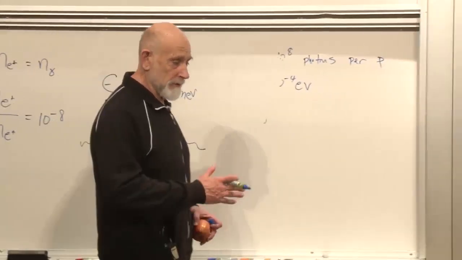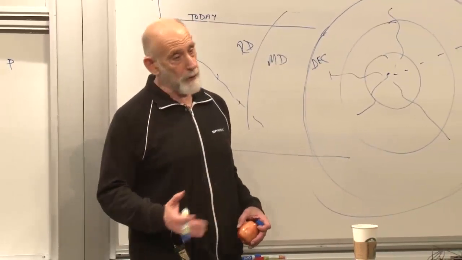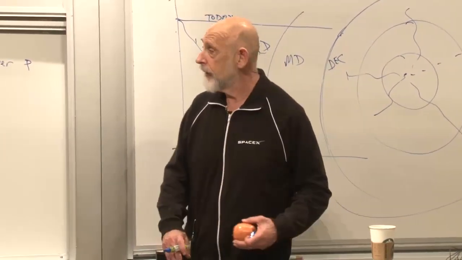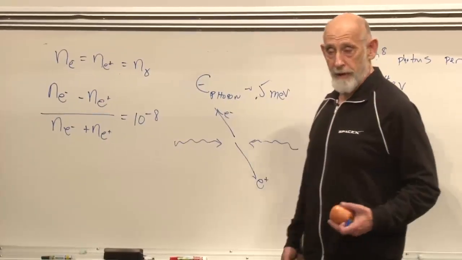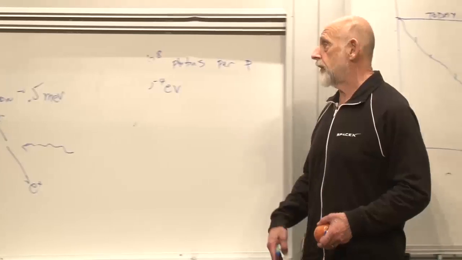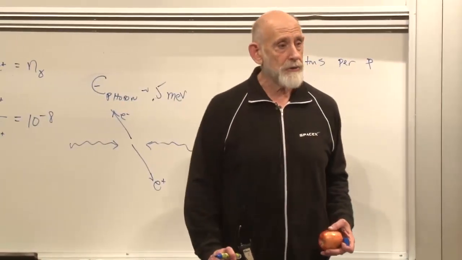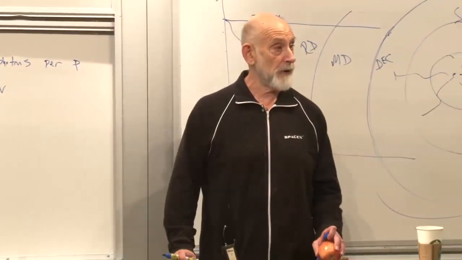There are more quarks today than there are antiquarks. That's because there are protons and no antiprotons, or not many antiprotons out there. And so there's an excess of quarks over antiquarks. There's an excess of electrons over positrons. And the question is, what is the origin of that excess and why is it so small? What is the theory that accounts for it?